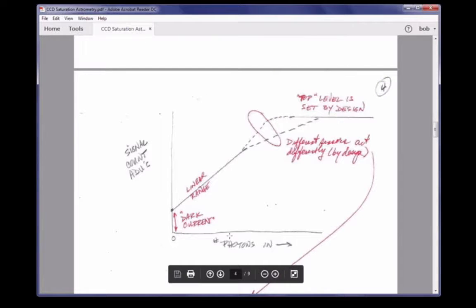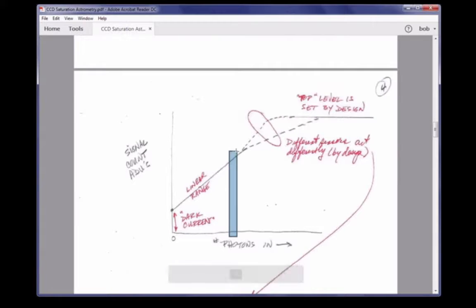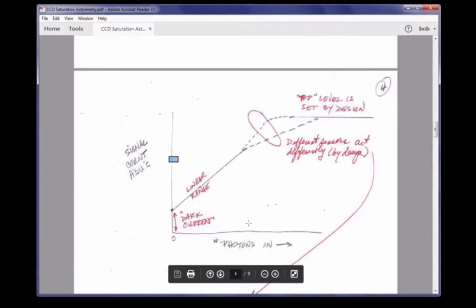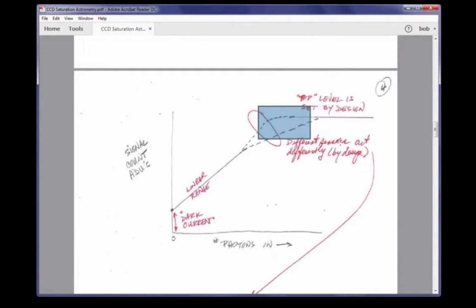If the number of photons or electrons was in this neighborhood, then the signal count of the peak pixel will be whatever that number is. But if I get more and more photons, that peak pixel gets brighter and brighter. At some point, I get into this range where it is no longer true that doubling the number of photons doubles the signal count, because the curve is bending over.